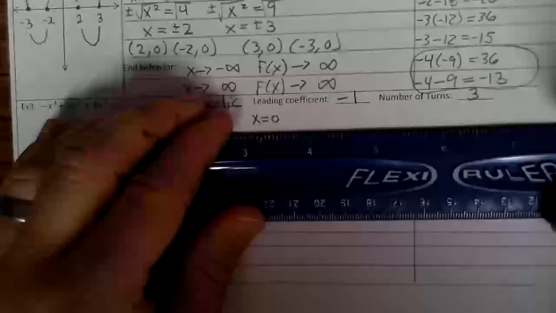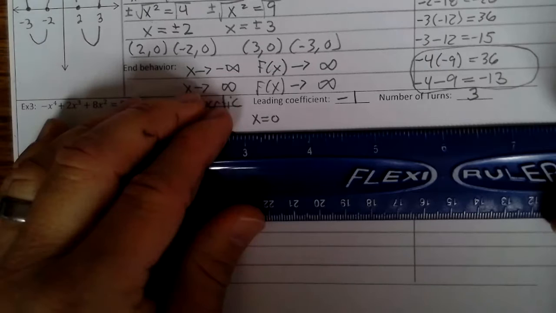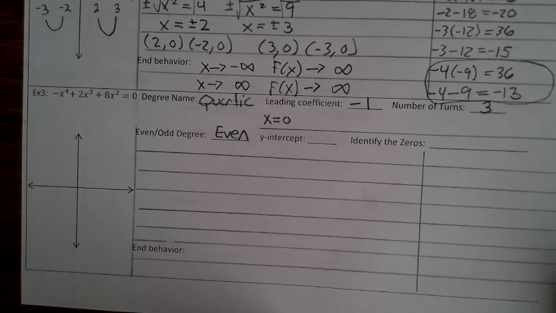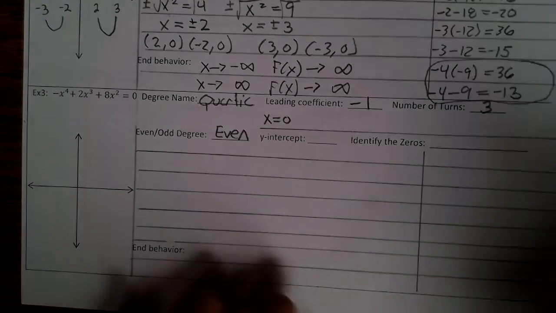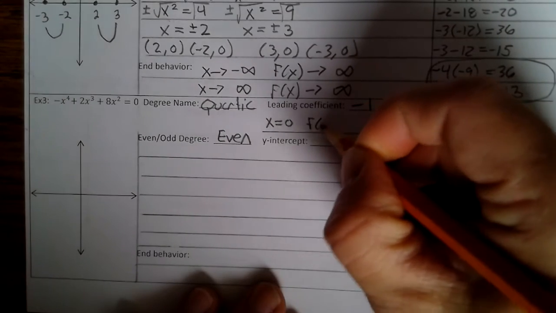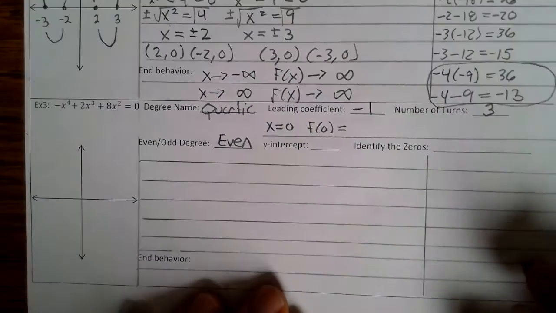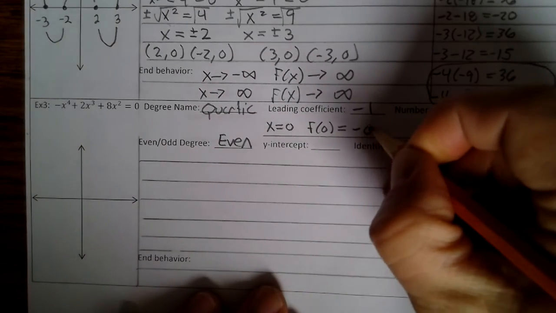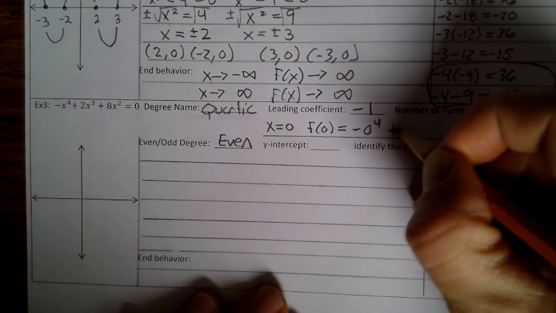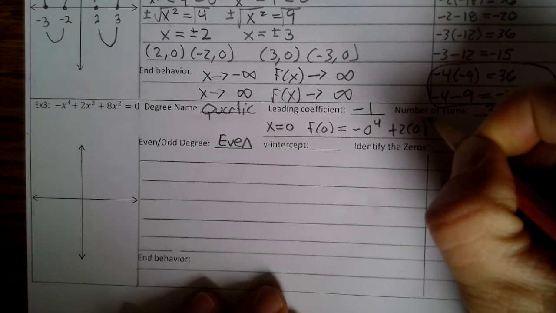Okay, so then that's f of 0 equals negative 0 to the 4th plus 2 times 0 cubed plus 8 times 0 squared. That equals 0. So our y-intercept is 0, 0.